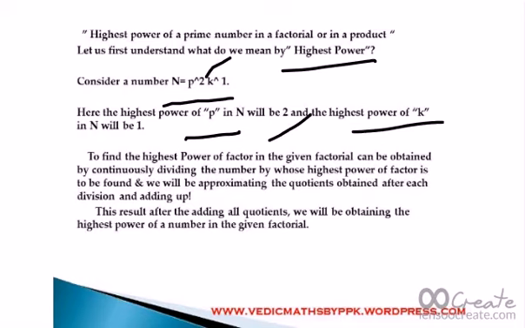To find the highest power of a factor in a given factorial, we keep dividing the number by the factor whose highest power is to be found. We keep taking the integer part of the quotients obtained after each division and add them up at last. The result obtained after adding all these quotients is the highest power of the given number in a factorial or a product.